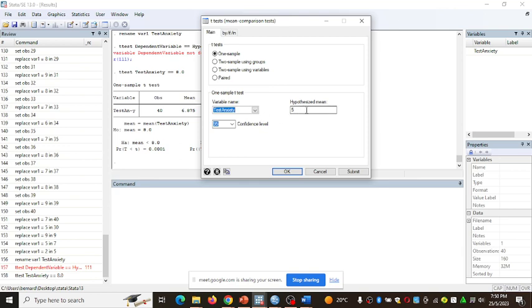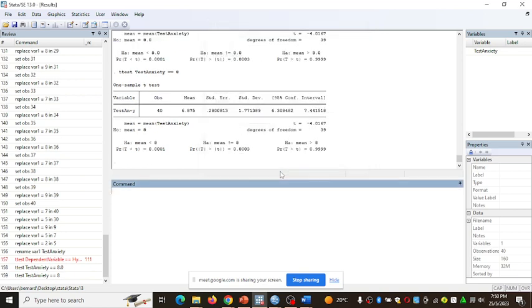What is the hypothesized mean? 8. I want to test against 8. We also have the confidence level here. You can vary it if you want, but by default, let's use 95%. From there, you can just click OK and get your output.